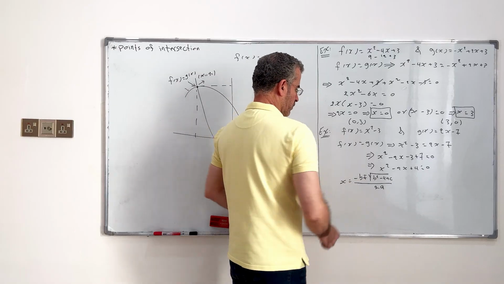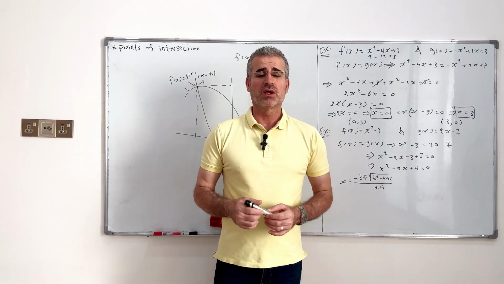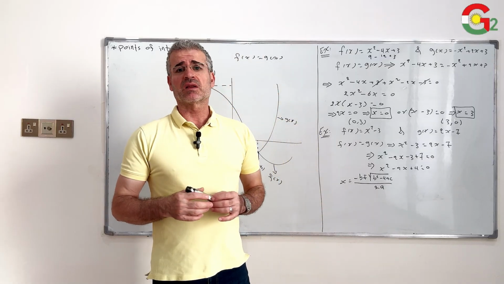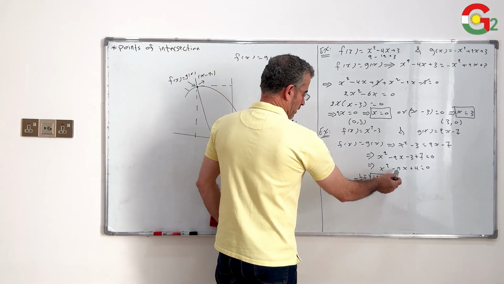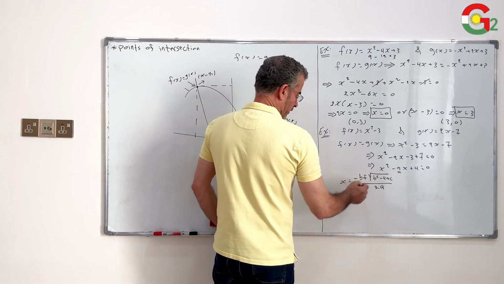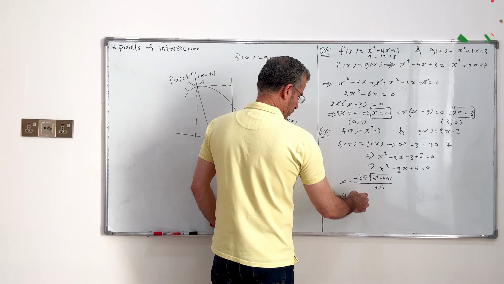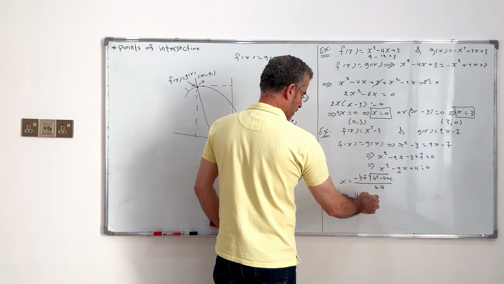If b squared minus 4ac equals 0, then there is one root. If it is less than 0, there is no root. If it is greater than 0, there are two roots. Let us see. B is the coefficient of x, b squared is minus 2 squared, 4. A is the coefficient of x power 2, which is 1.